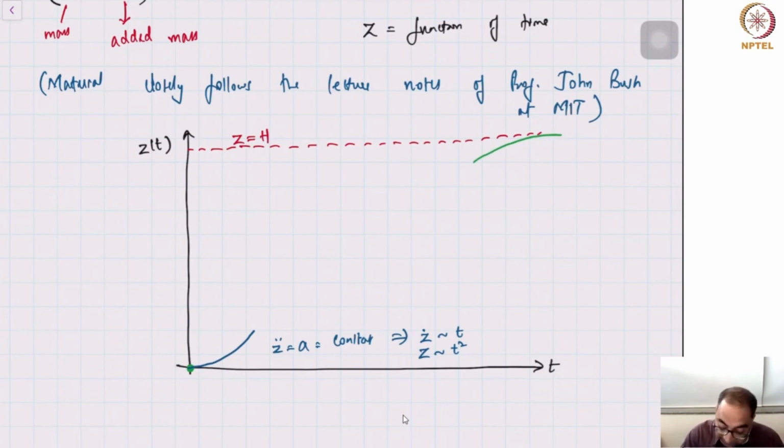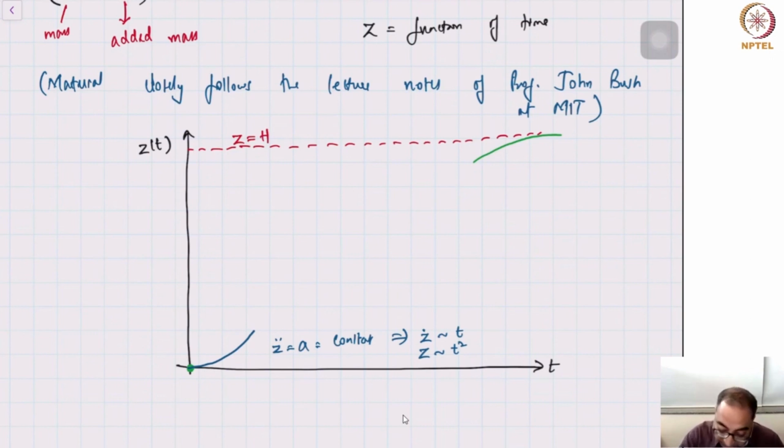And somewhere in the middle, you should expect that after an initial acceleration, the forces are now in balance. Once the forces are in balance, the sum of forces is equal to 0, and therefore you should expect that the fluid starts moving with a constant velocity.